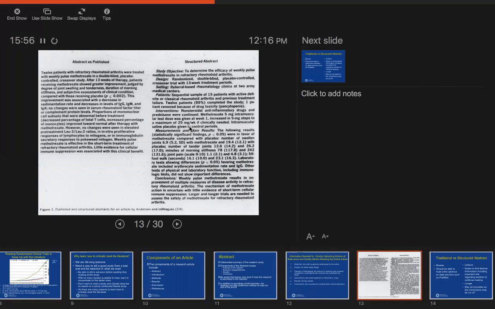And then there's a structured abstract that's used in some journals that has all of these categories filled in. This allows you to answer the questions that we just had about each component, and you don't have to read through the whole abstract to find what the objective of the study was, what the conclusions were, what the interventions were.